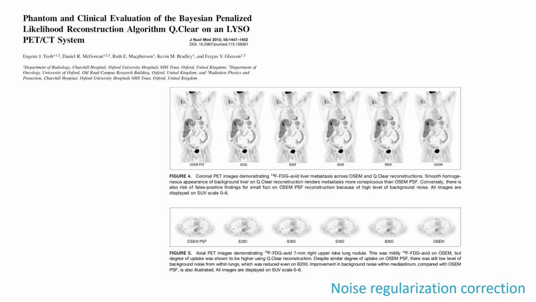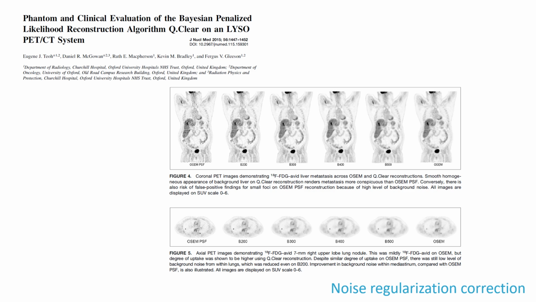Also, this correction has been deeply investigated in literature. This is an example that compares, in phantom and in clinical applications, the use of different weighted regularization correction with the standard iterative correction and with the correction for point spread function.